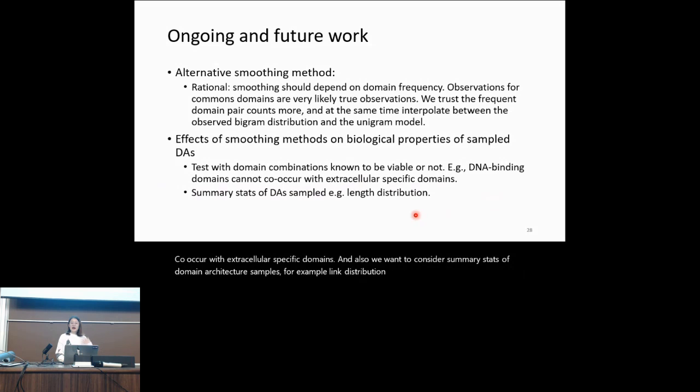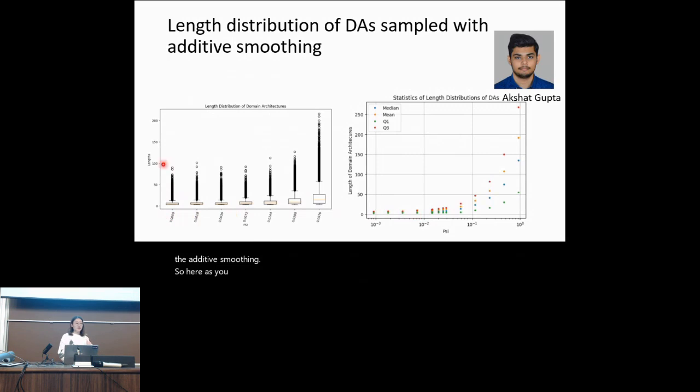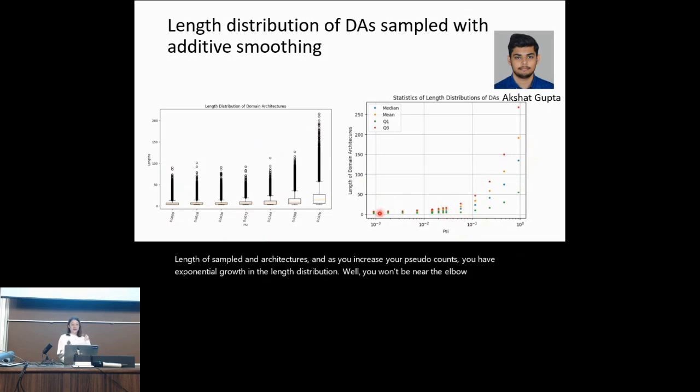As a starter, I have some examples with the additive smoothing. So here I'm showing you the distribution of length of sampled domain architectures. And as you increase your pseudocounts, you have exponential growth in the length distribution. Well, you won't be near the elbow anyway as you select your pseudocount, but this is a sanity check.